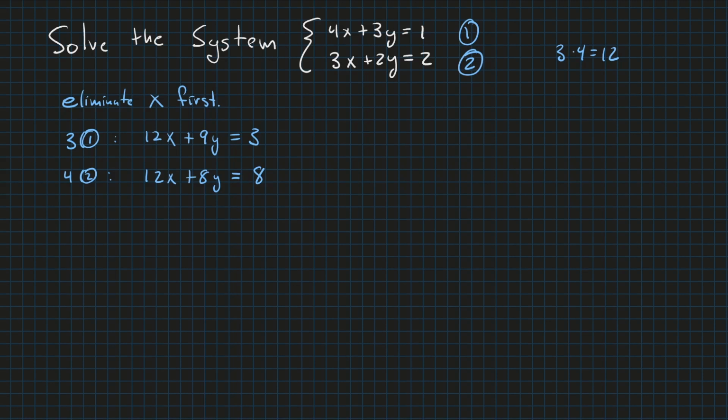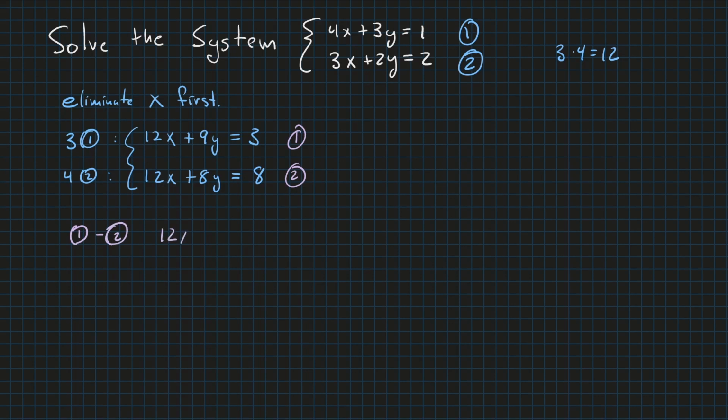So now we have this other system involving these two equations. Now I'm in the position where I have a 12x in both equations. So if I consider this one 1 and this one 2, I'm going to subtract the second equation from the first equation.